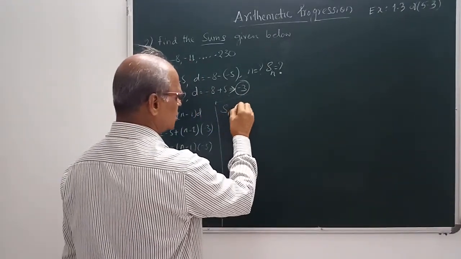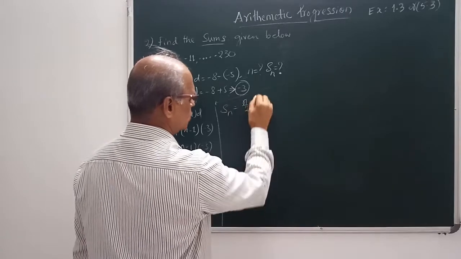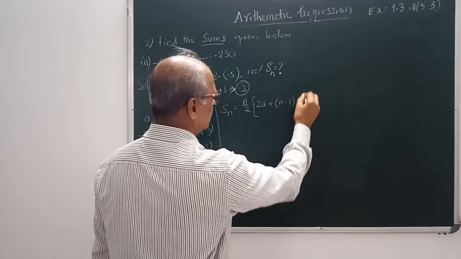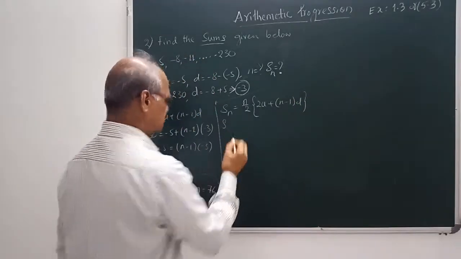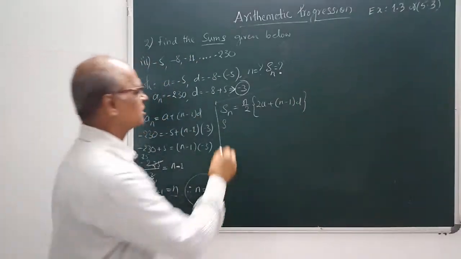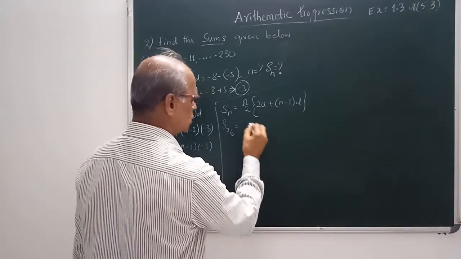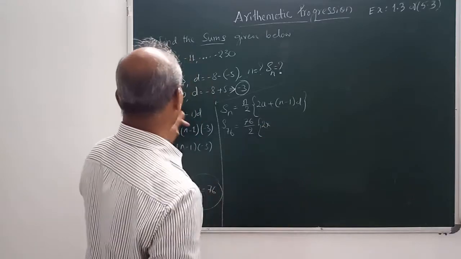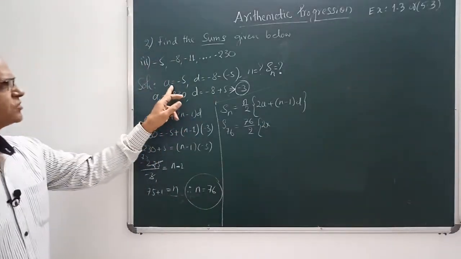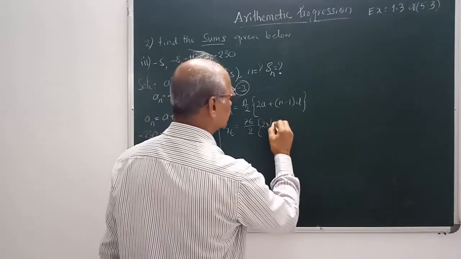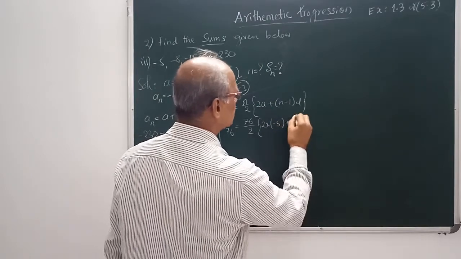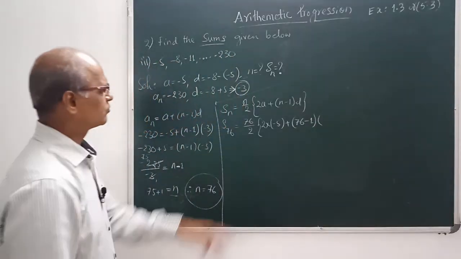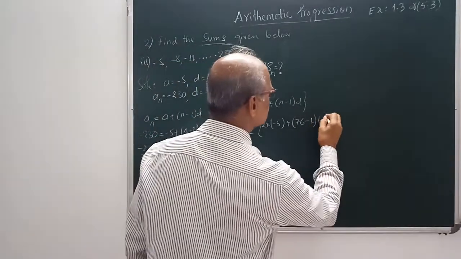Now we'll go for Sn. Sn is equal to n upon 2, 2a plus n minus 1 d. Yes, n means 76. That means S76 is equal to 76 upon 2, 2 into, what is the a value? A is minus 5. Minus 5 plus of 76 minus 1, and what is the d value? D is minus 3.